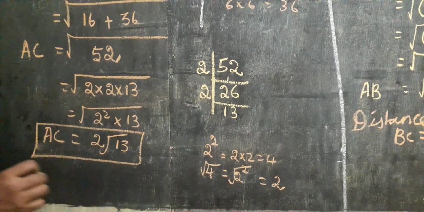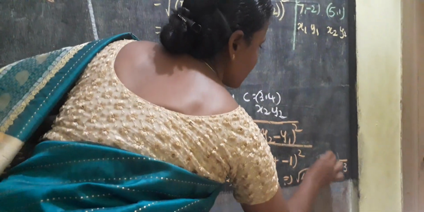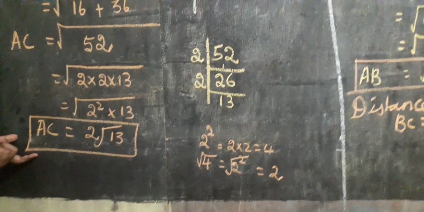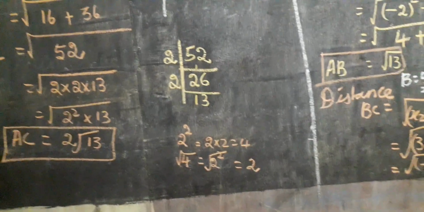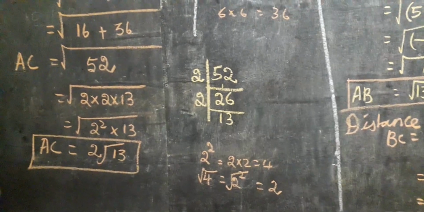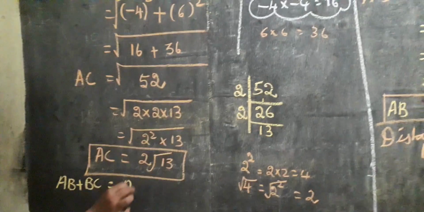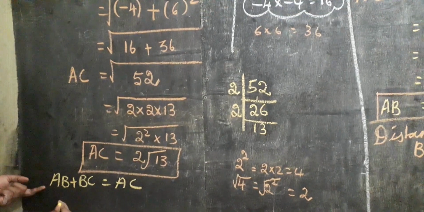Now we have found AB, then BC, and then AC. So we have to prove AB plus BC is equal to AC. What is the value of AB?